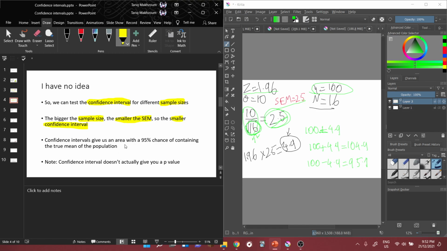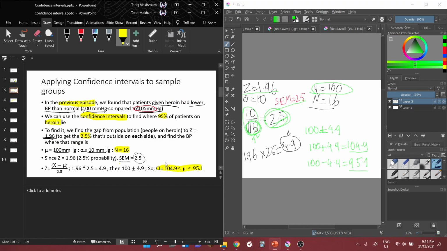And so at a 95% confidence interval, this area gives us a 95% chance of containing the true mean. Okay, so if we take this example over here, for this interval, let's say we gave the entire population heroin and then we measured every single one of their blood pressures, okay?